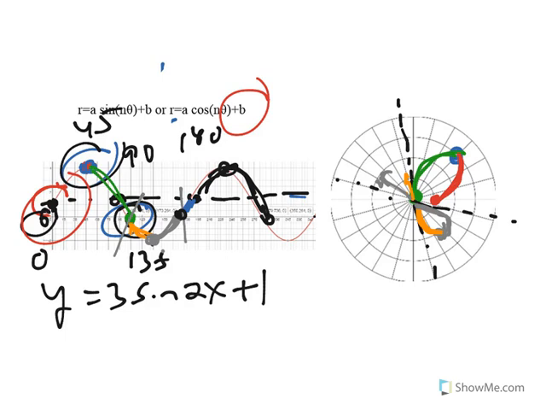This is 90. This is 90, 180, 270. Yeah, so 225, comma 3, or 225, comma 4, sorry. I just noticed that this point was supposed to be all the way out here.